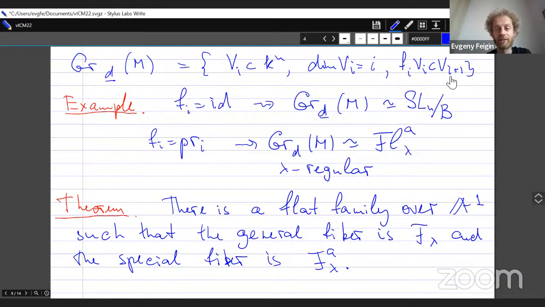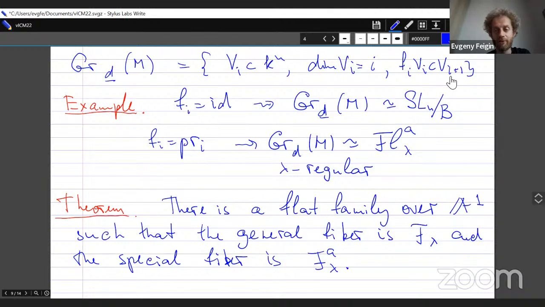So remember that to each vertex we associate an n-dimensional vector space, and inside these vector spaces we take our Vi's, and the dimension of Vi should be i. Because the components of our d are exactly i, the di is i, and the condition is that fi of Vi sits in Vi+1.